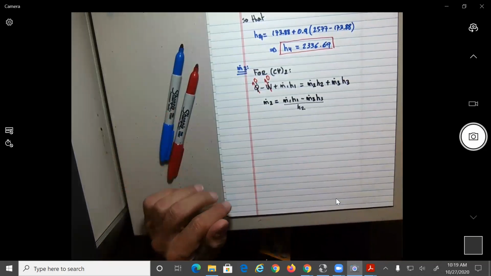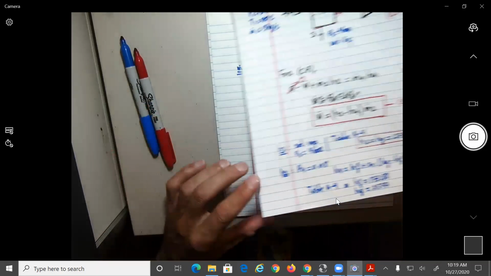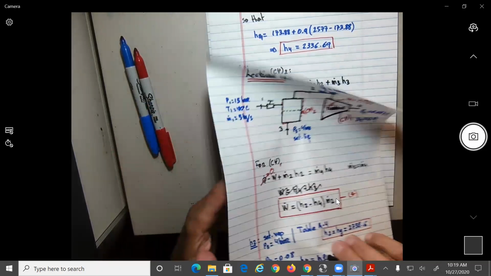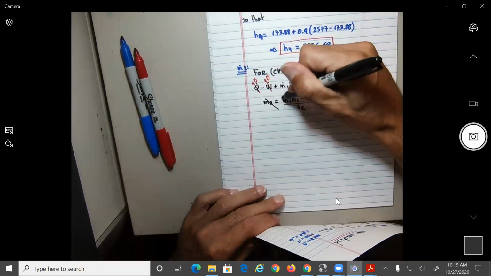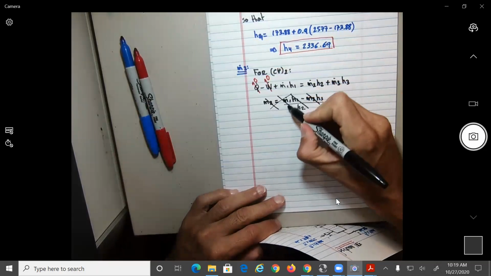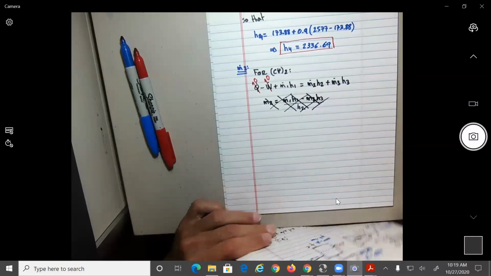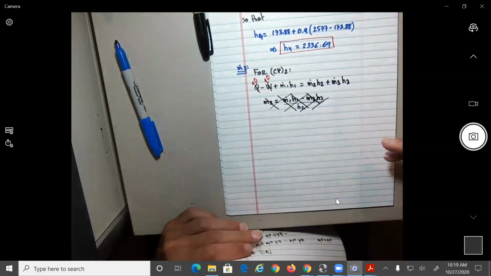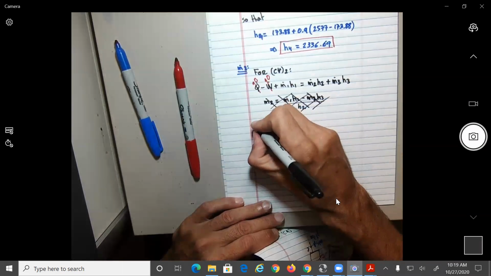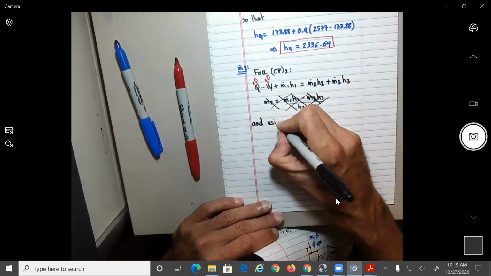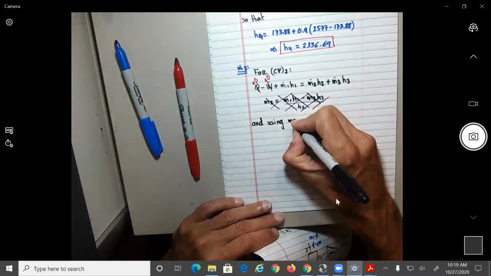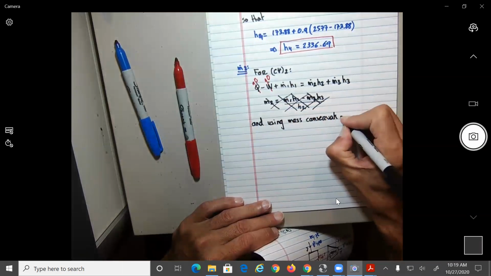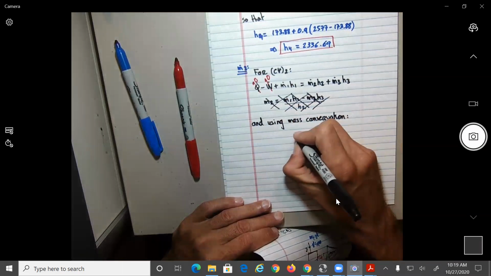Okay, but over here, maybe I should not write it this way because the equation will become more complicated. Look, scratch this equation. I think it's just going to make it more complicated. Now, what do we know about M3? Using mass conservation, what does that mean?